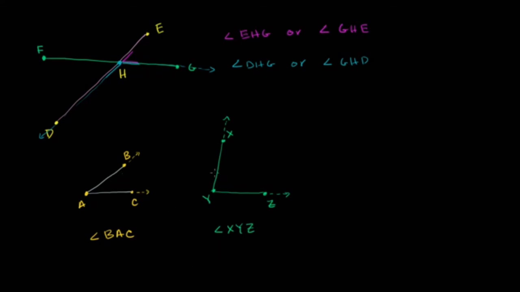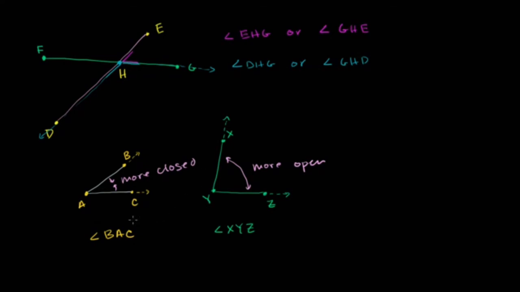When you just eyeball these two angles, this one looks more open, while this one over here looks more closed, at least relative to this one. So maybe when we measure angles, we should measure based on how open or closed they are, and that actually is the case.